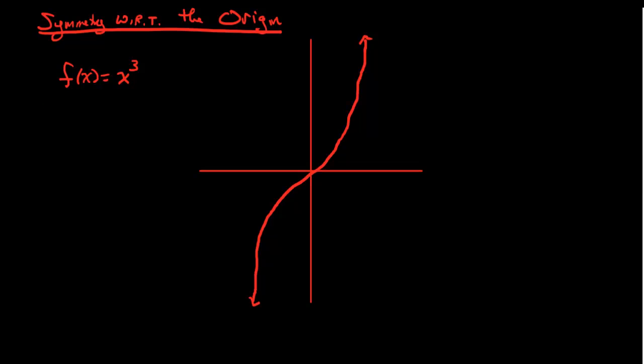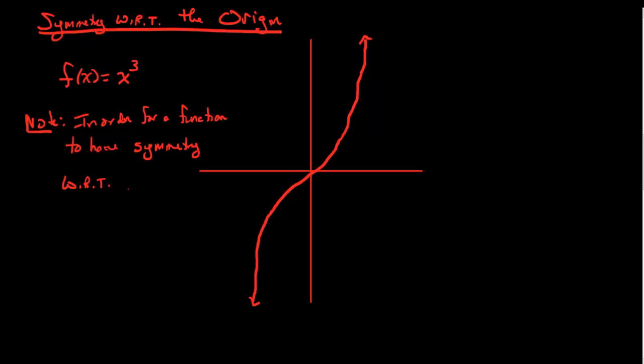First of all, I always like to make a little note here. In order for a function to have symmetry with respect to the origin, it must intersect the origin.